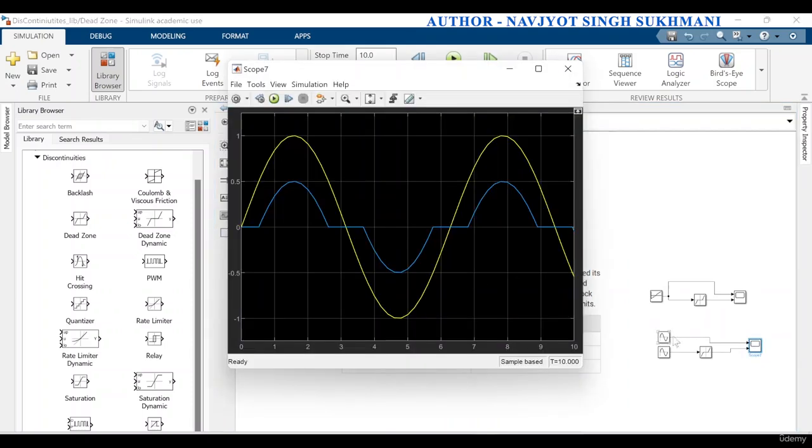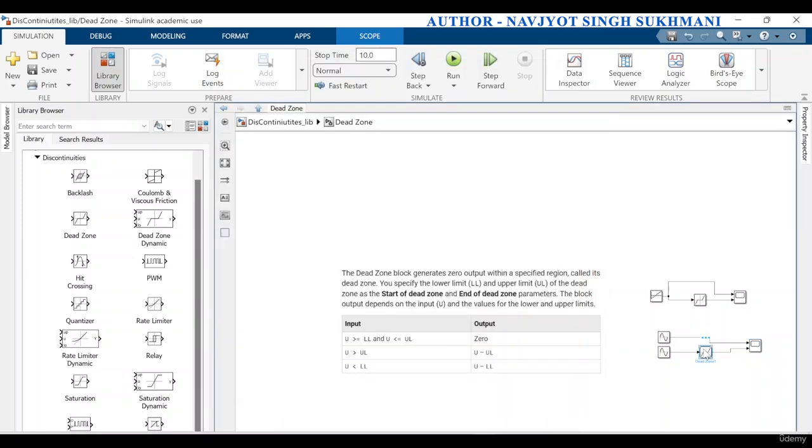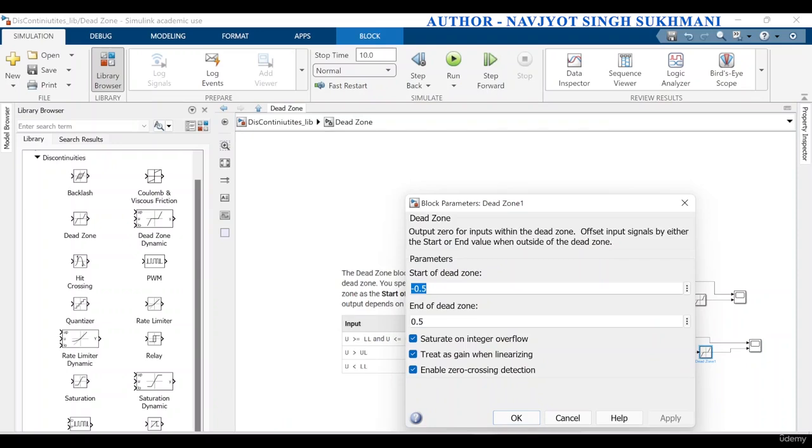I have connected two inputs of the sine wave. Here you can see I also have a sine wave, but my sine wave is working only within 0.5 due to that dead zone logic. Here you can see at the dead zone I have a limit, start zone and end zone, of -0.25.